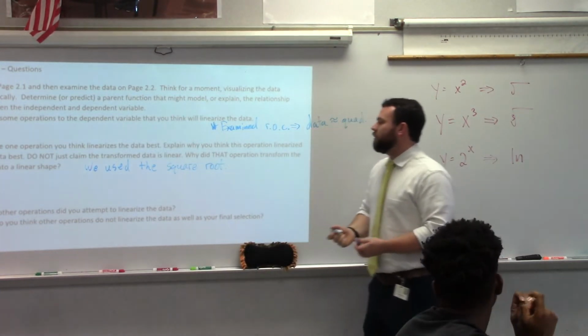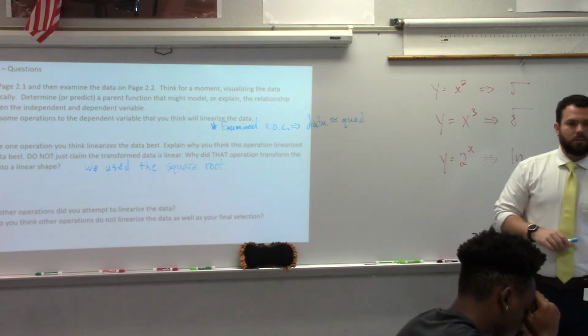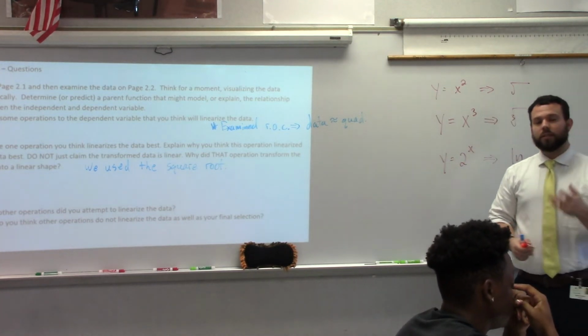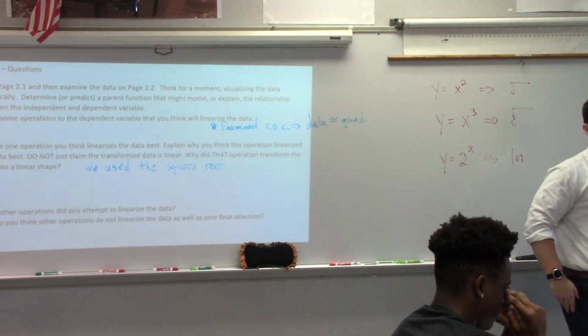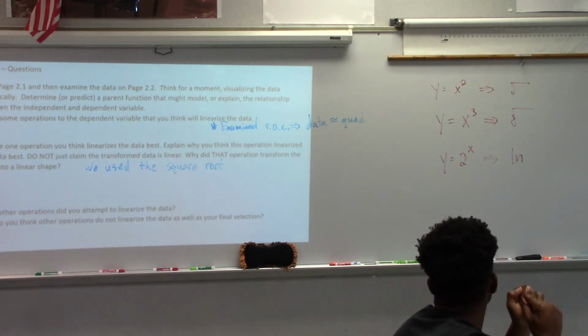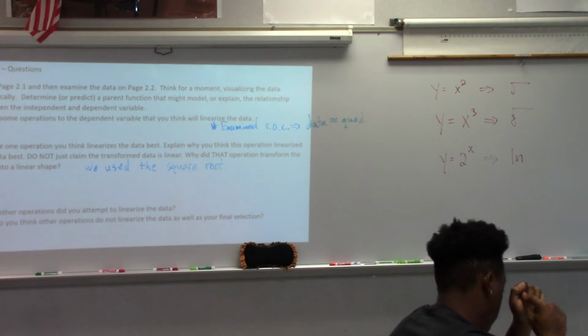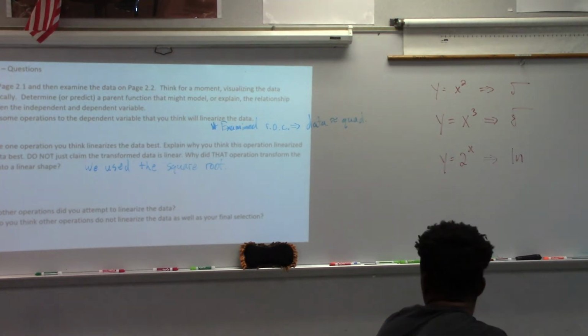So why do you think that operation linearized the data? Because it's the inverse of a quadratic, and we just identified the fact that it's approximately quadratic. What else told us, when we took the square root, that it was approximately linear? So write down those details, and then we'll talk about it.